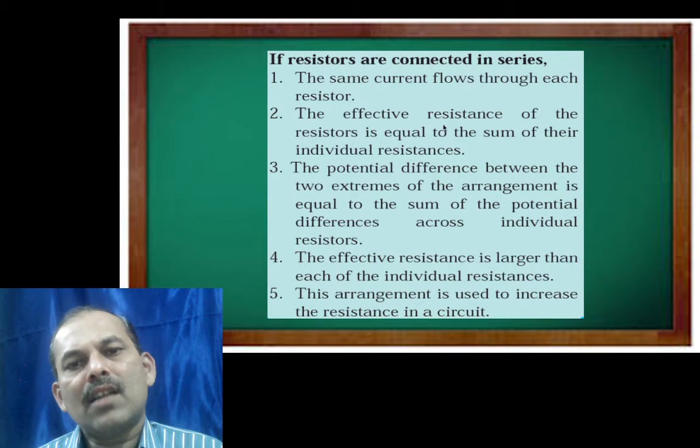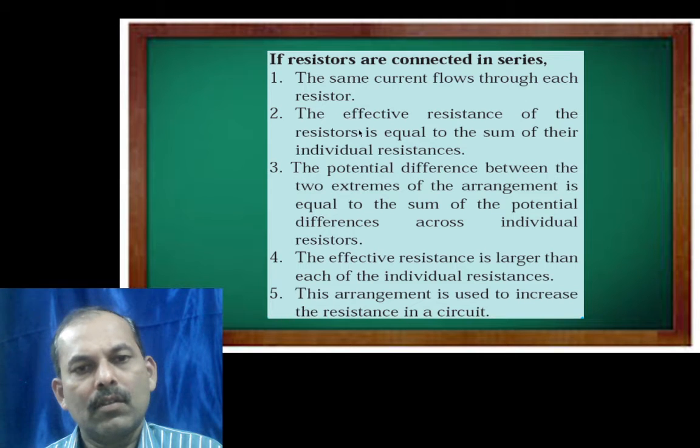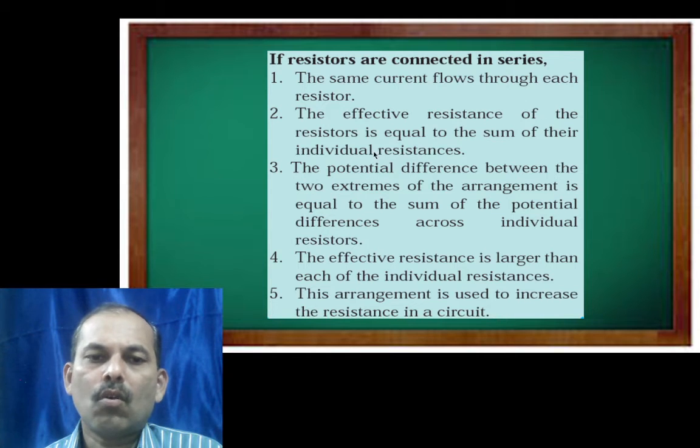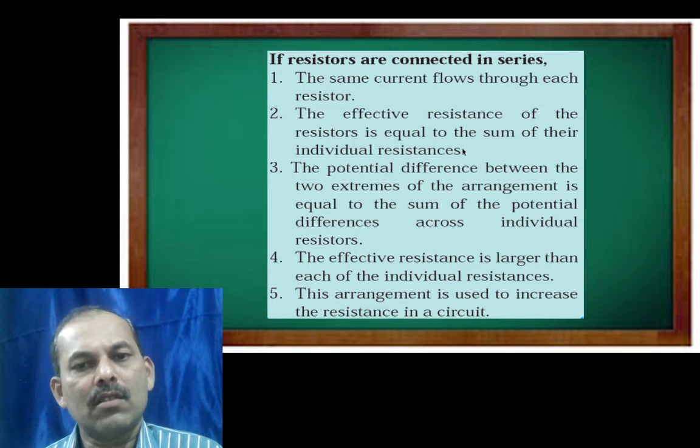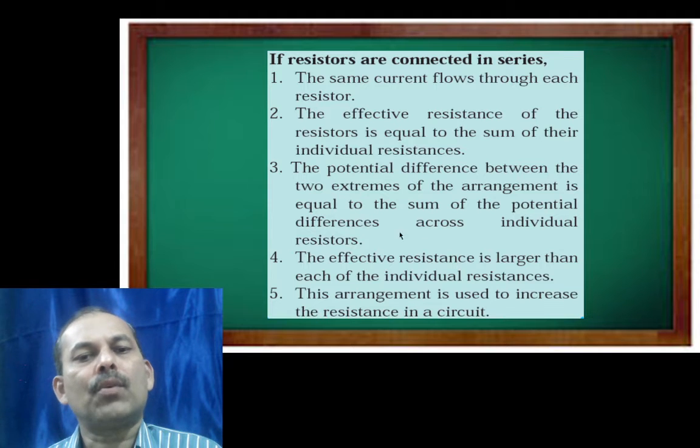If resistors are connected in series, the same current flows through each resistor. The effective resistance is equal to the sum of their individual resistances. The potential difference between the two extremes of the arrangement is equal to the sum of the potential differences across the individual resistors.